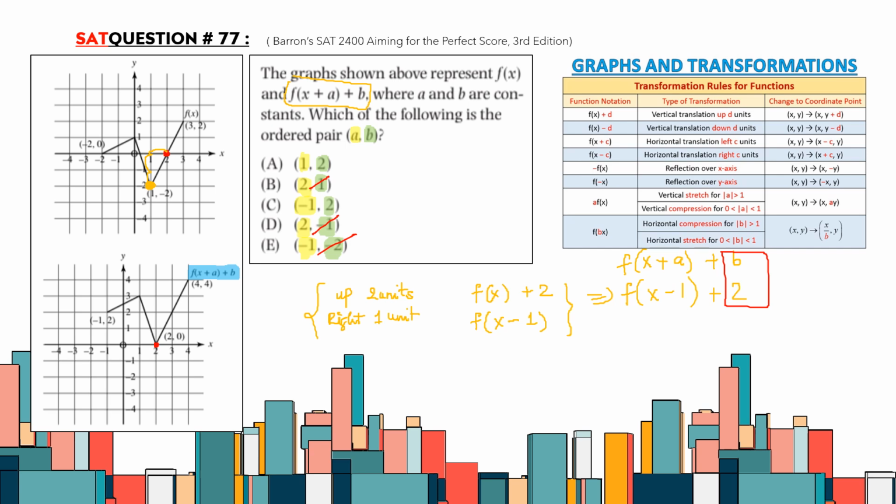Okay, so for a, this is the plus side. So if we rewrite it, that will be x plus negative 1, then add 2. So now we have x plus a, so a is negative 1. So C is the correct answer.